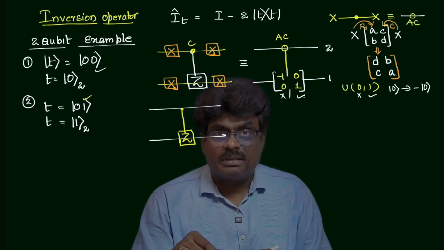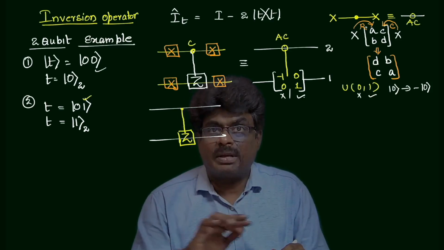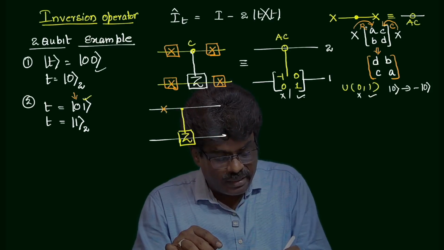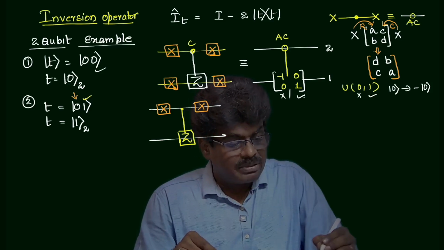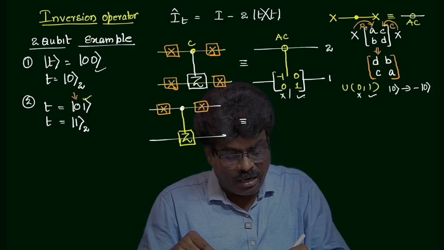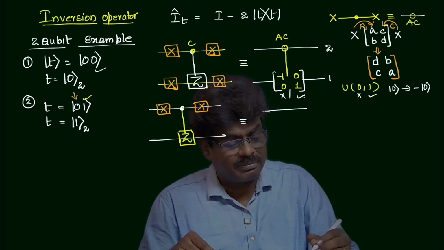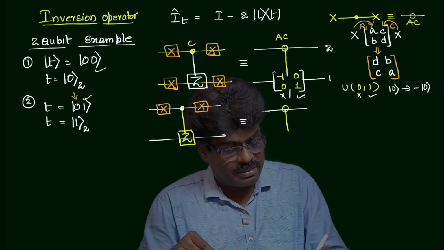And after that, here the first one is 1, that's why no Pauli X gate. But here it is a 0, so that's why here X. Then here we have X control X, and X control X is nothing but anti-control. And after that, this Z gate is as usual.